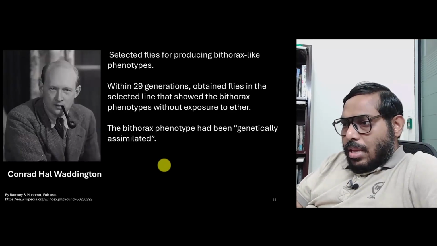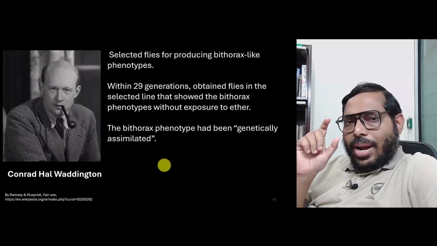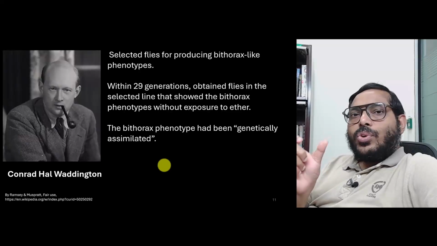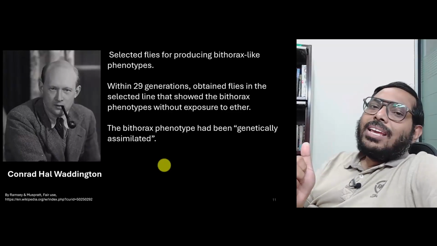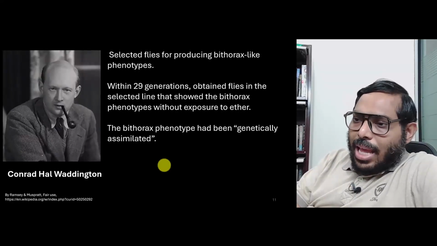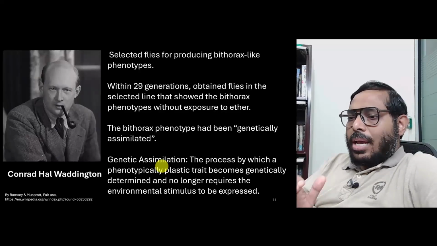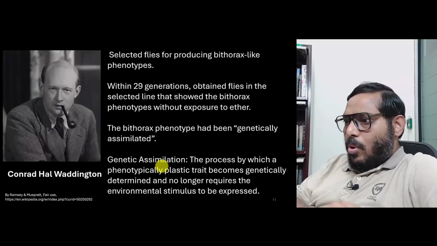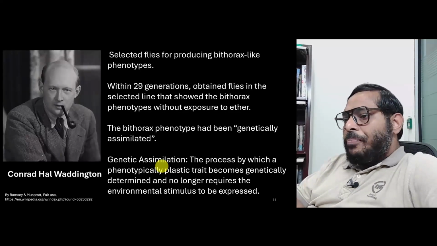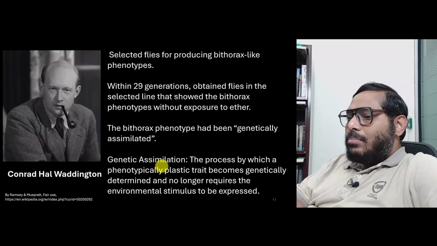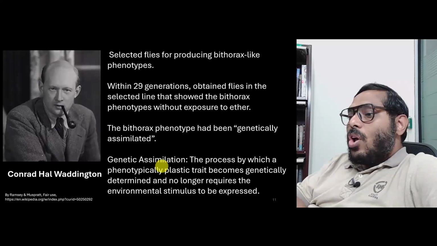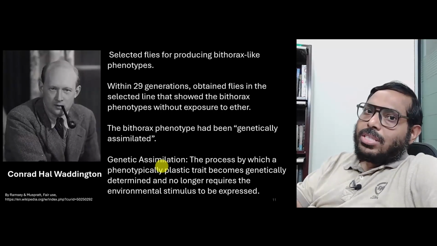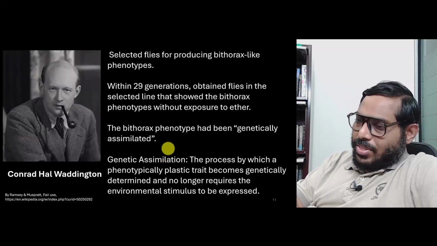Now, this is something that Waddington said, the bithorax phenotype has now been genetically assimilated. So, what did he mean by that? The phenomenon of genetic assimilation, as Waddington thought about it, was the process by which a phenotypically plastic trait becomes genetically determined and no longer requires the environmental stimulus to be expressed.